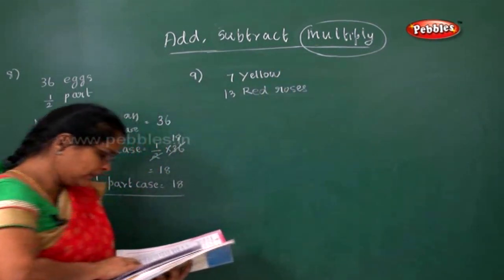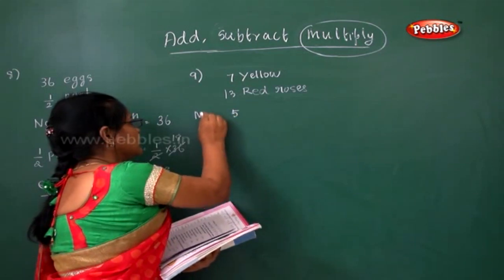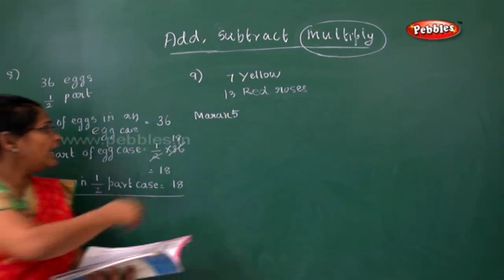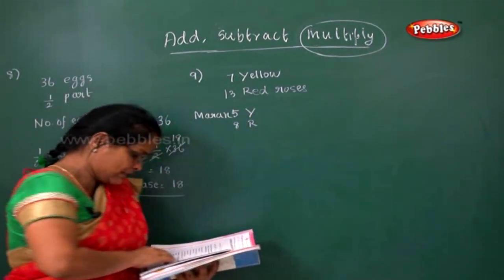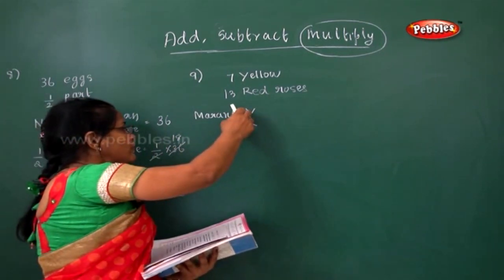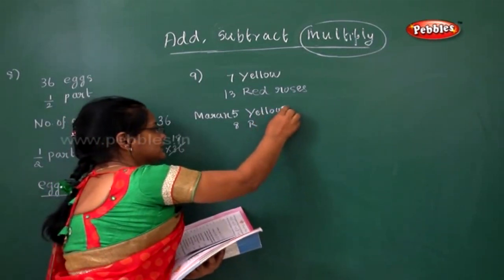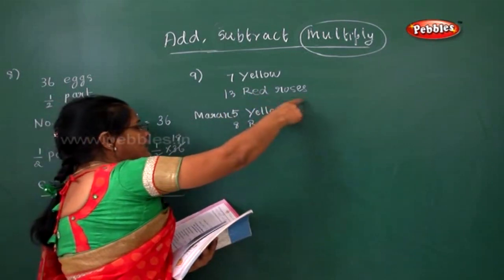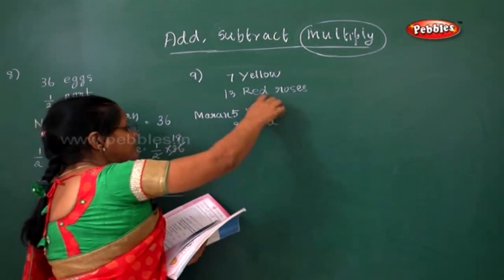Now what you have to do is, Maran took 5 yellow roses and 8 red roses. Now the question is, you have to express a fraction of these yellow and red roses. There were 7 yellow roses and 13 red roses. Now Maran took 5 of yellow and 8 of red roses.